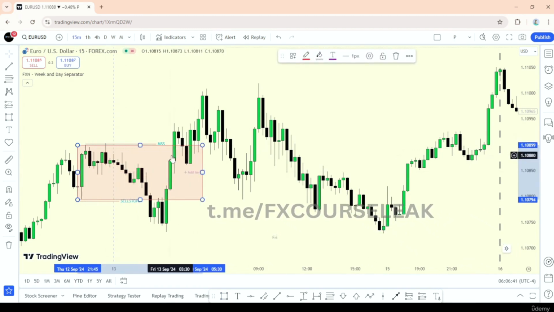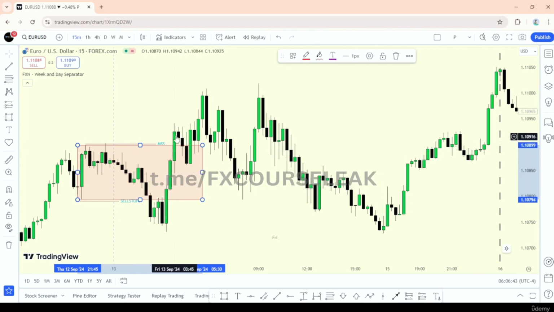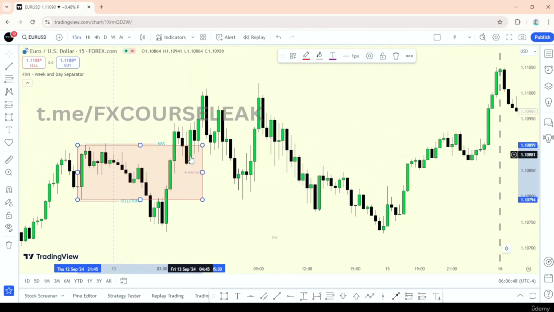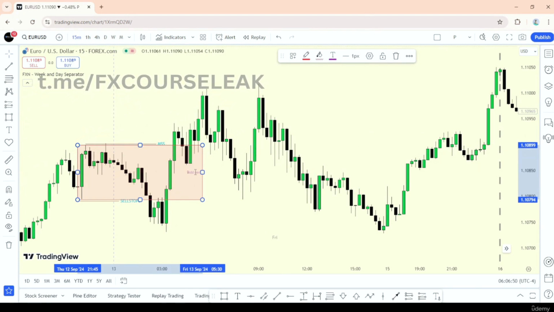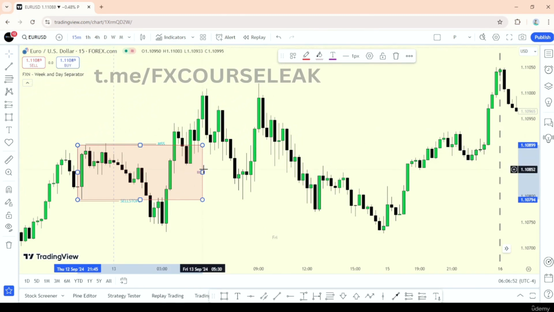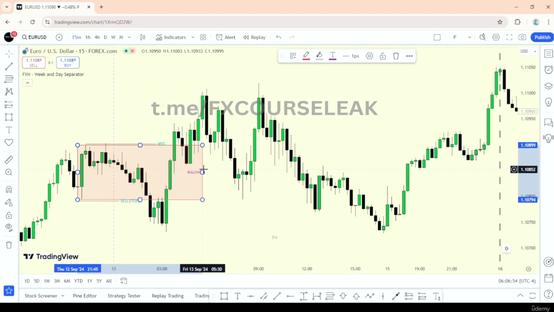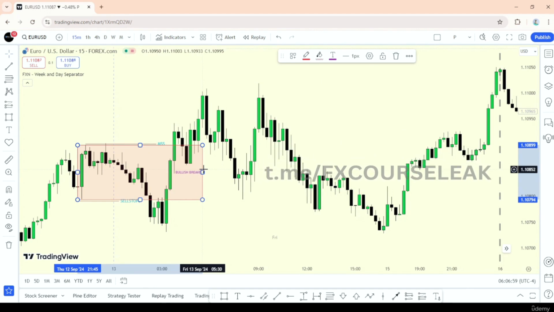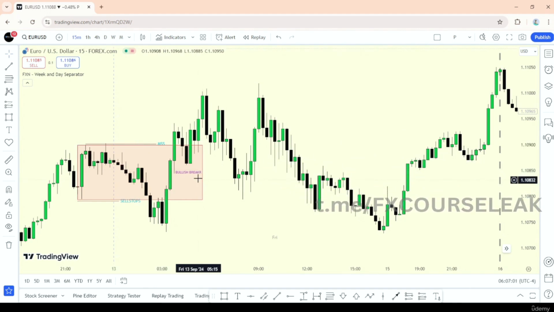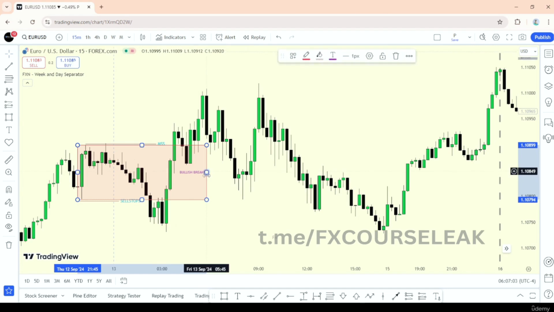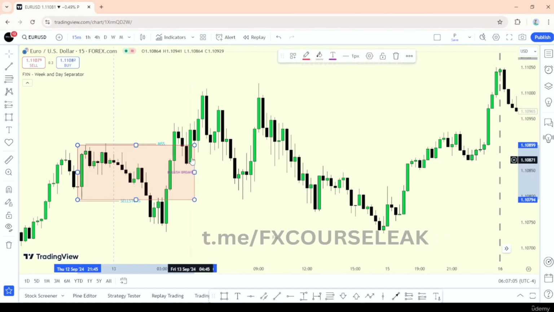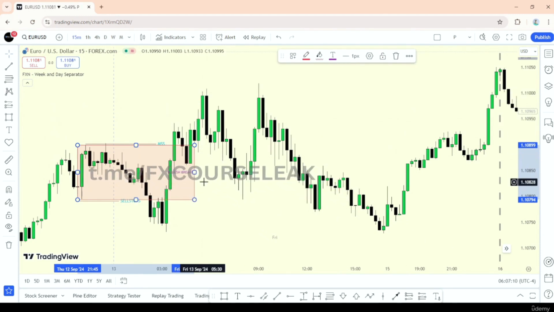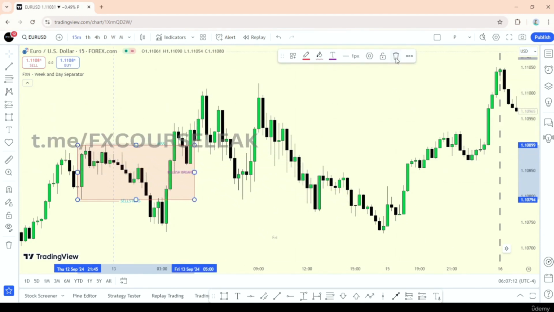We can see that immediately the market broke market structure, we came back to retest this area of the breaker. This is a bullish breaker. We came back down to this area at this price, and then we went higher. So that is an example of a bullish breaker.